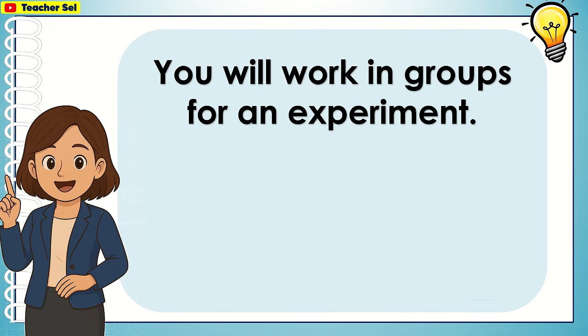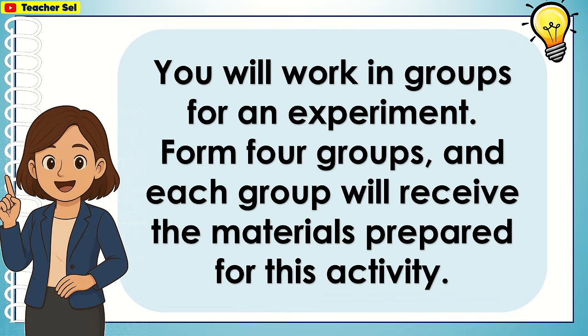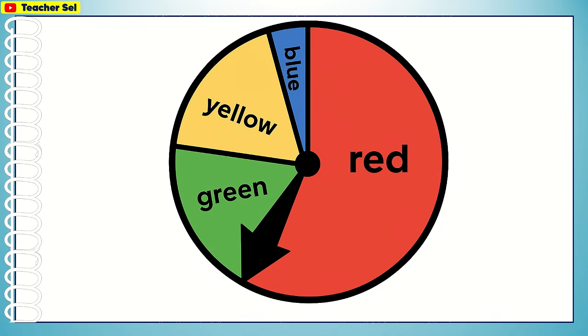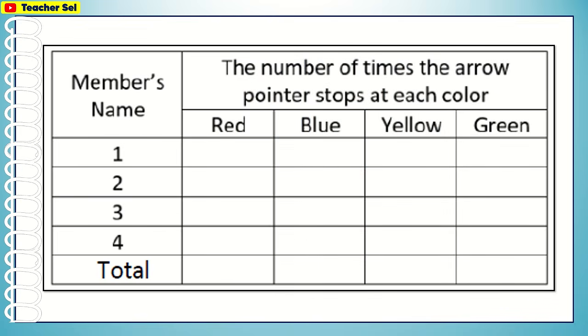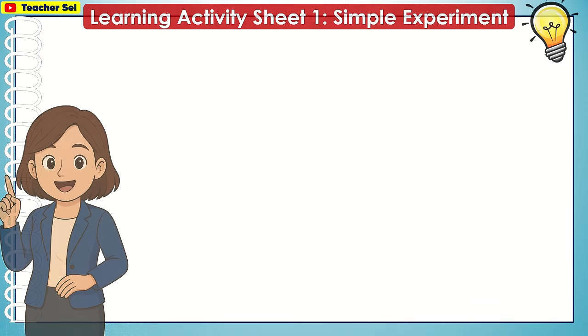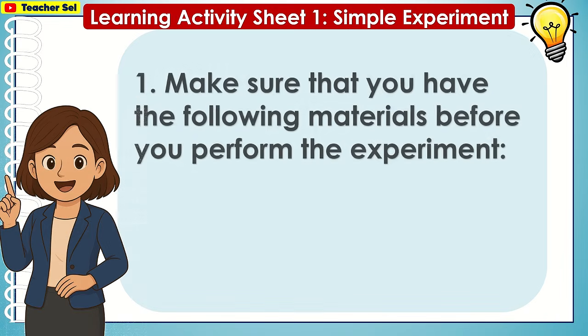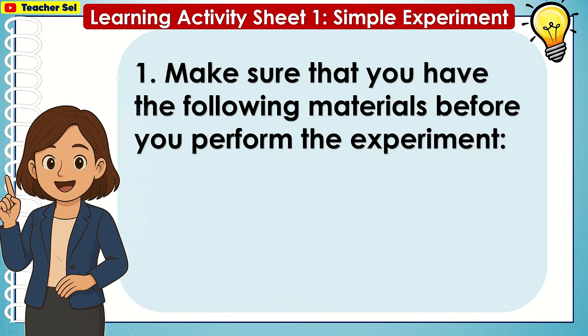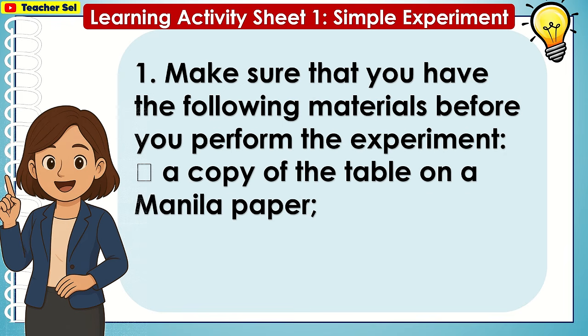You will work in groups for an experiment. Form 4 groups and each group will receive the materials prepared for this activity. Look at the spinner. Look at the table. Make sure that you have the following materials before you perform the experiment.